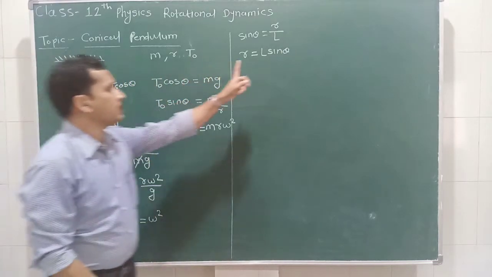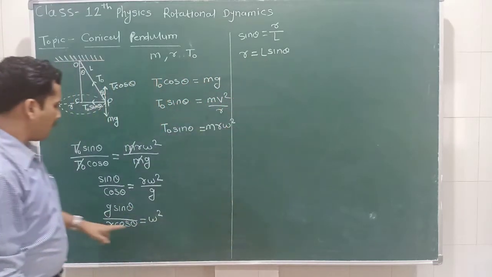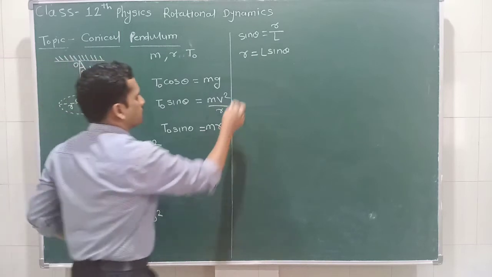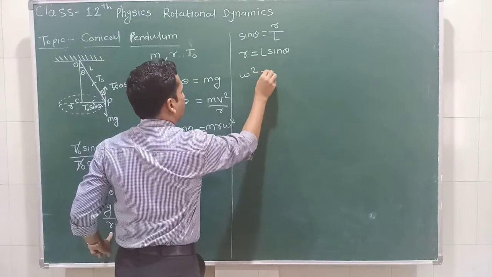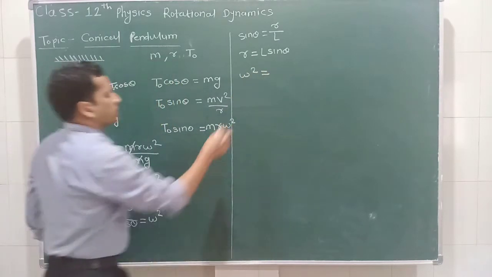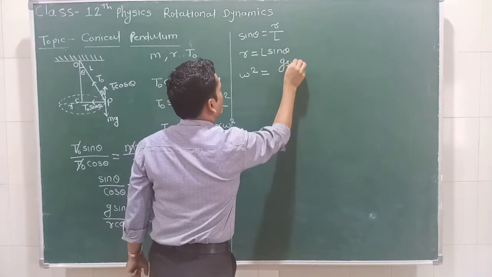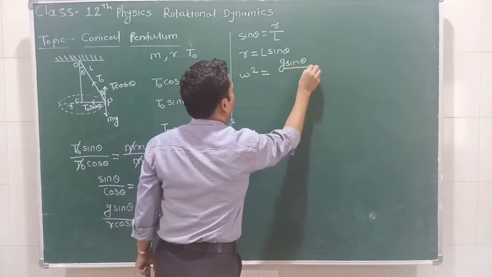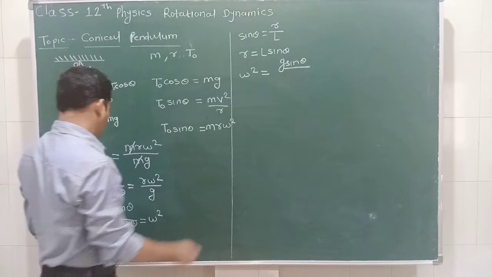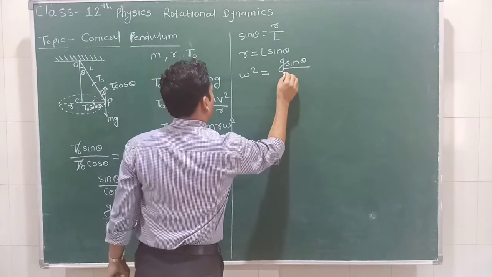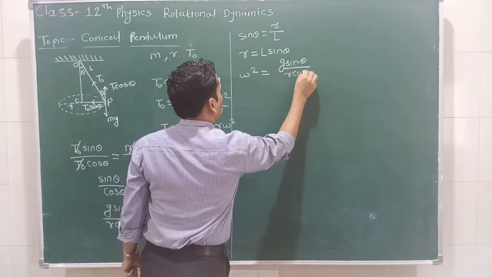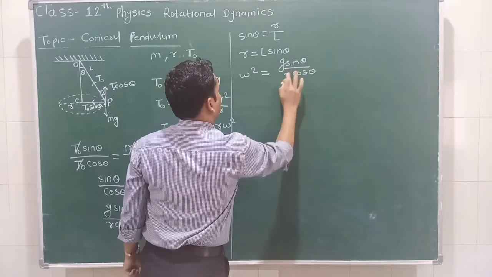If we put this value of r in this equation, omega square becomes g sin theta divided by r cos theta. What is r?